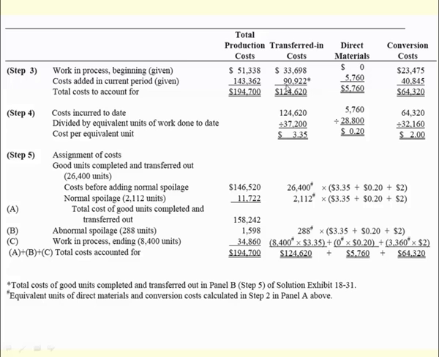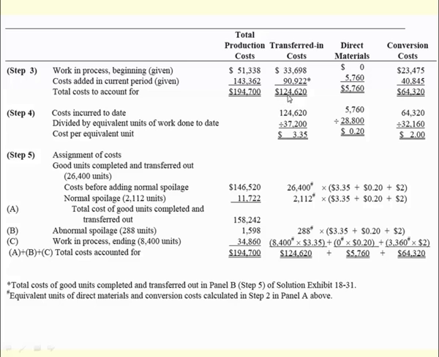As we said before, transferred in costs here is the transferred out costs of completed units from the previous department, cleaning department, and these costs was 90,922. Then direct material costs 5,760 and conversion cost 40,845.